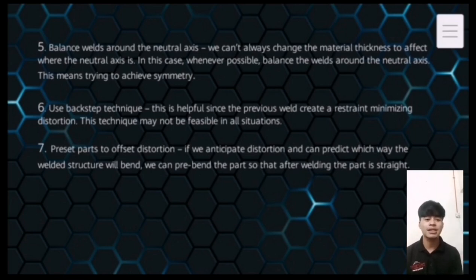And the last, number seven, preset parts to offset distortion. If we anticipate distortion and can predict which way the welded structure will bend, we can preset the part so that after welding the part is straight.